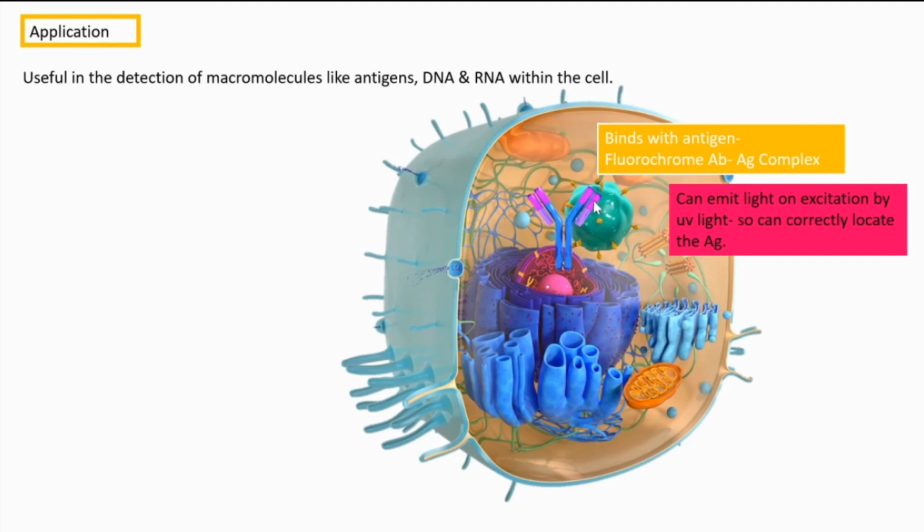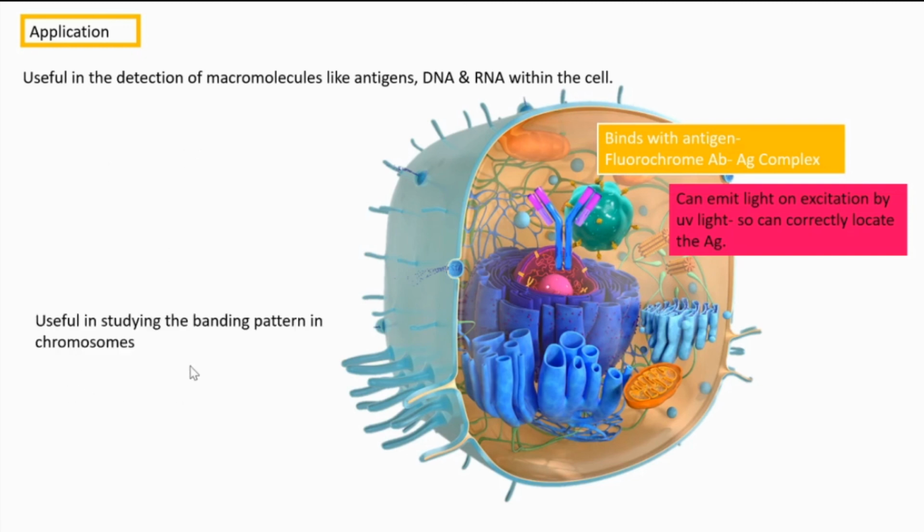As the UV light reaches this specimen, the fluorescently labeled antibody, after absorbing that UV light, starts to emit visible light. So, by observing that visible light, we can locate the position. That is an application. Application of what? Fluorescent microscopy. Using fluorescent microscopy, we can very precisely locate the position of antigens.